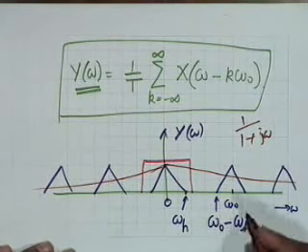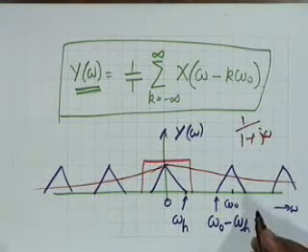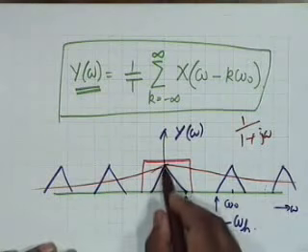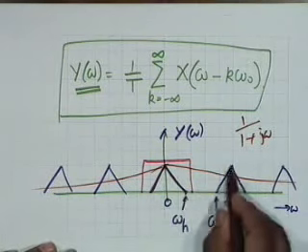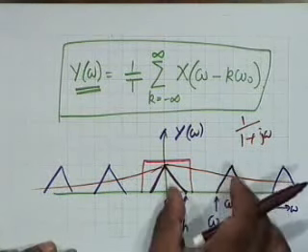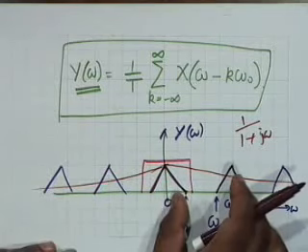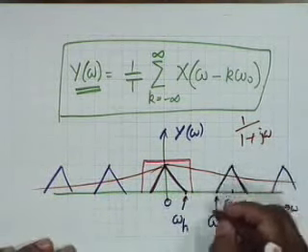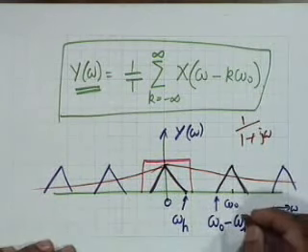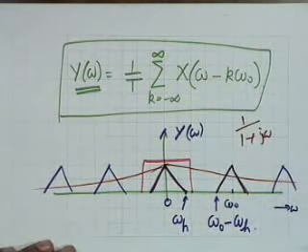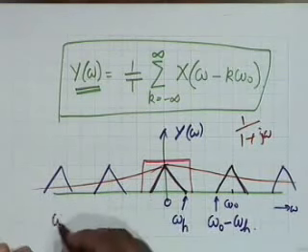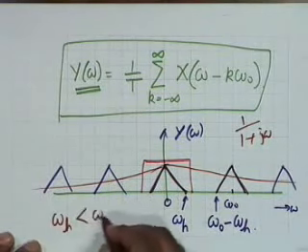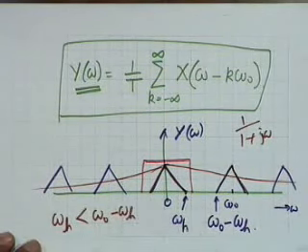The other constraint is that the sampling must be done in such a manner that these two neighbors do not overlap with each other. If they overlap, then obviously the spectrum shall be distorted. And the condition is that omega h must be less than omega 0 minus omega h.